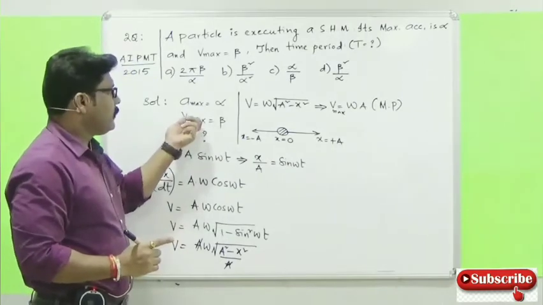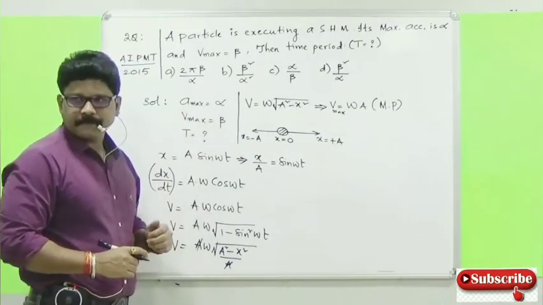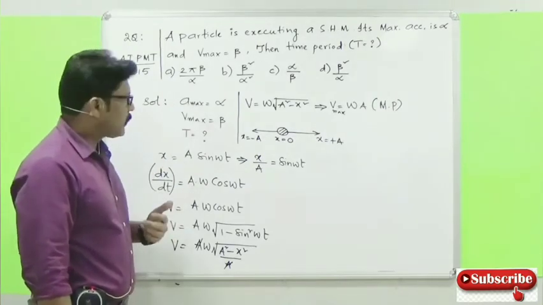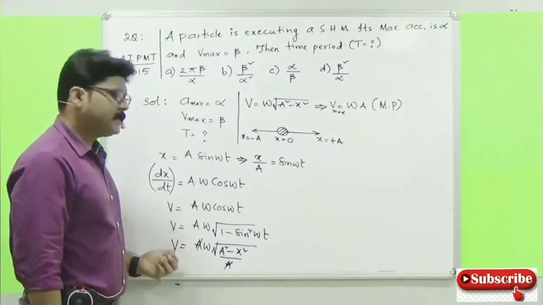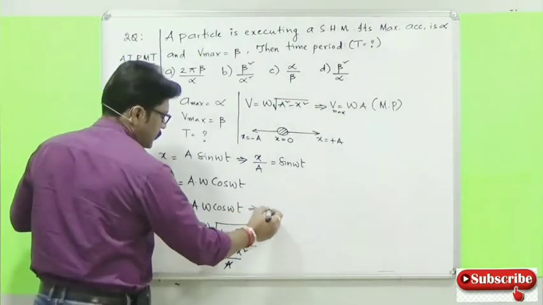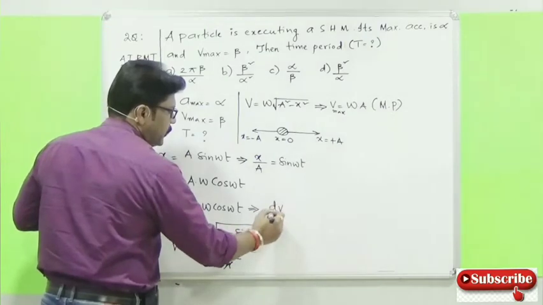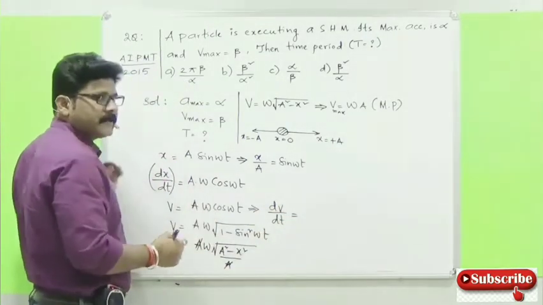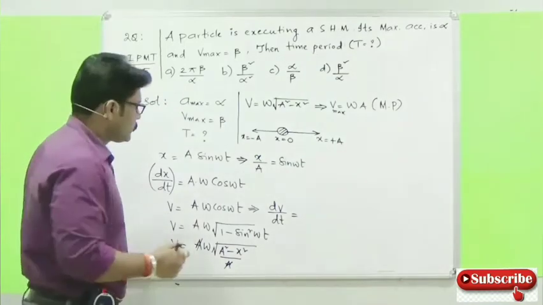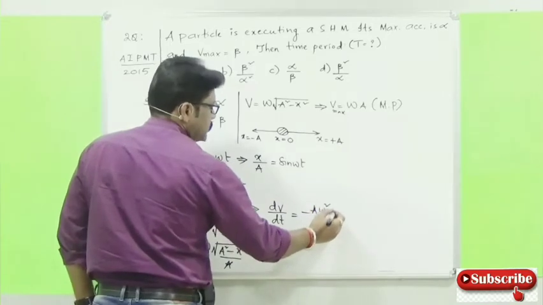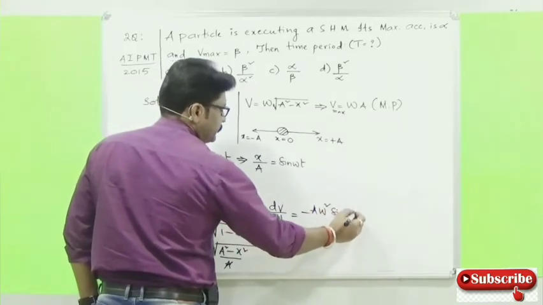Now he has given V max as beta. Now we want a maximum. To calculate a maximum, again differentiate this equation. dV by dt equals a omega, and the differentiation of cos is minus sine, so that is minus a omega square sin omega t.